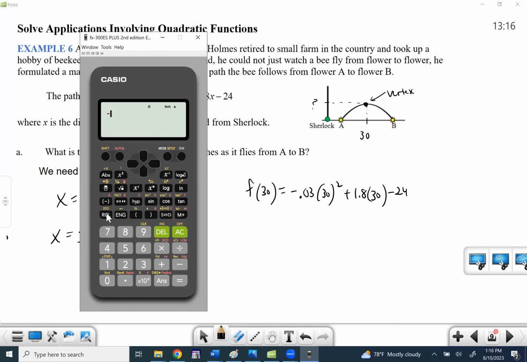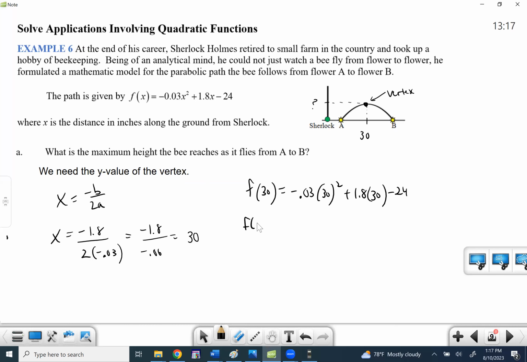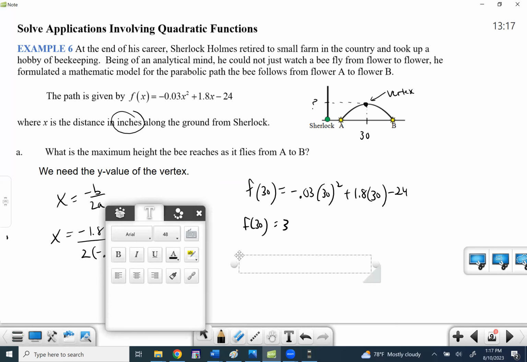Negative 0.03 times 30 squared plus 1.8 times 30, and then minus 3. Now we're dealing with inches, I believe. Yeah, inches, you guys. So the answer is that the highest the bee flew was 3 inches. That's pretty low, huh?